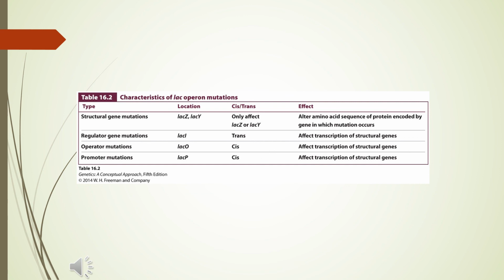The second one is regulator gene mutation, I, which is trans-acting, affects transcription of structural genes. Operator mutation, lac O, cis-acting, affects transcription of structural genes. Promoter mutation, lac P, cis-acting, affects transcription of structural genes.